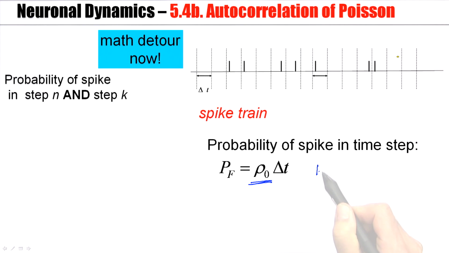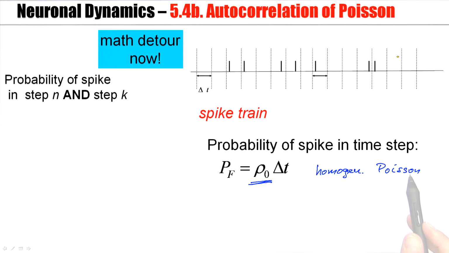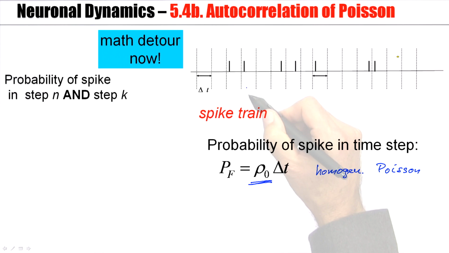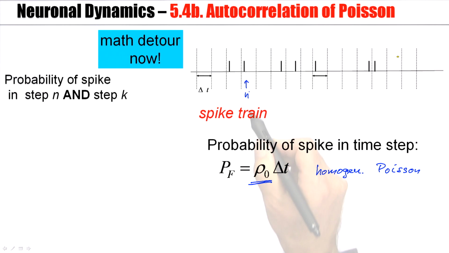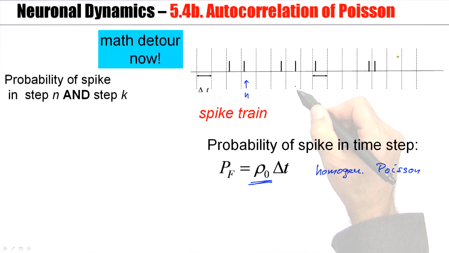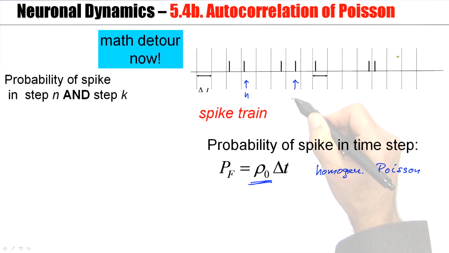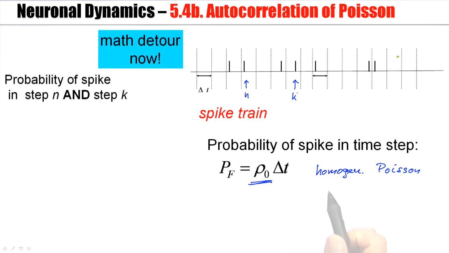So we are in the case of a homogeneous Poisson process. Now, Poisson process means that the firing probability in this time step, let's call this time step n, is completely independent from the probability of firing in some other time step k.